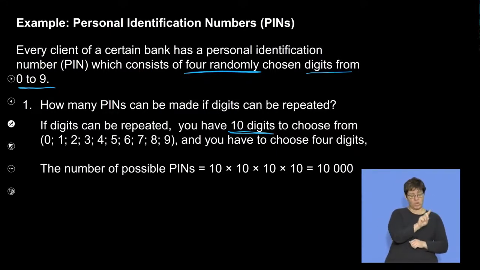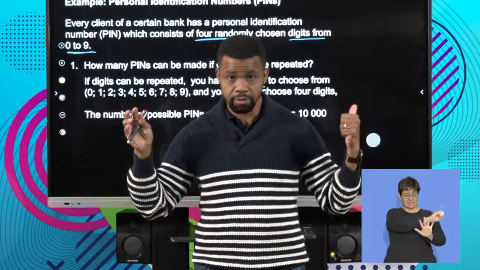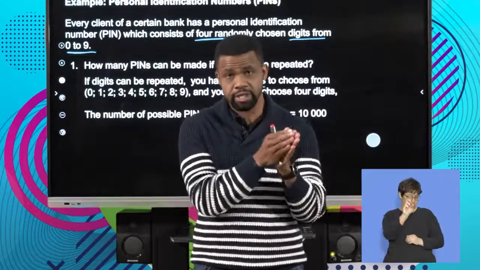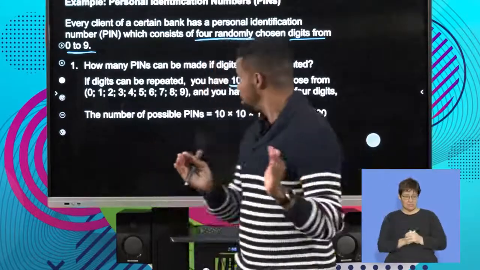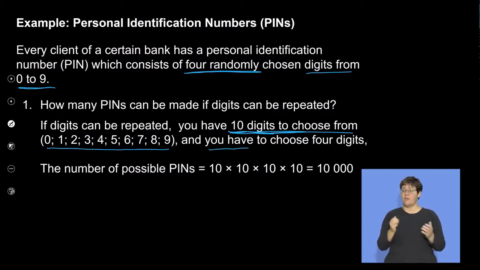Remember, 0 to 9, you have 10 digits. Because we're counting 0 all the way to 9, we have 10. If you're counting from 1 to 9, you have 9 digits, but we're including 0 as a digit. Hence, you have 10 digits. We have to choose 4 digits.